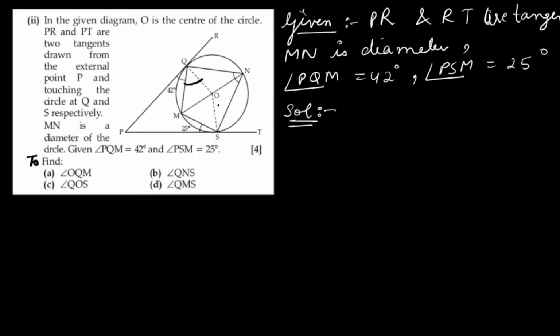I'll just highlight all the angles. Angle OQM we have to find. Angle QNS, so this angle we have to find. And we have to find QOS, so this angle we have to find. Then we have to find QMS.